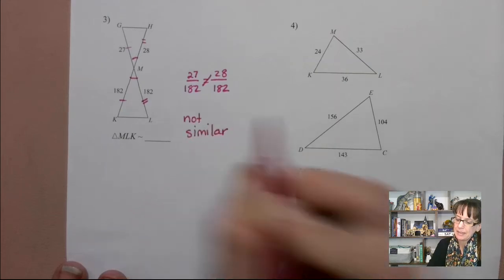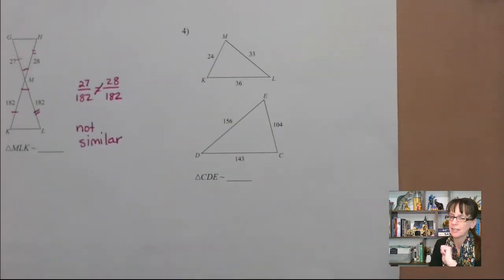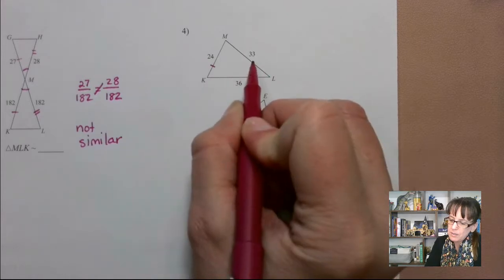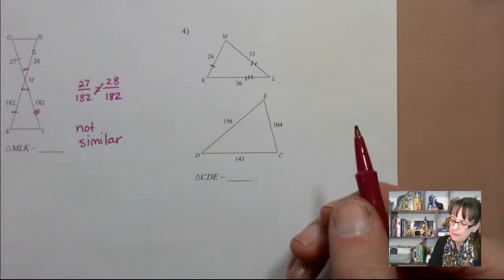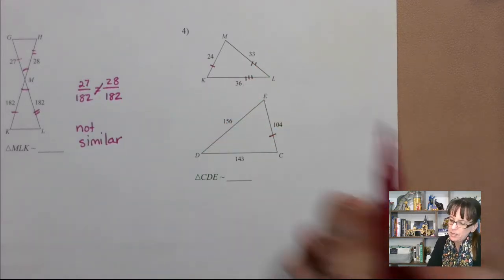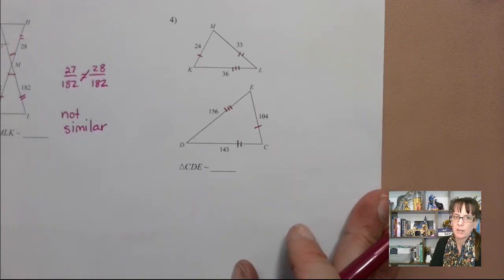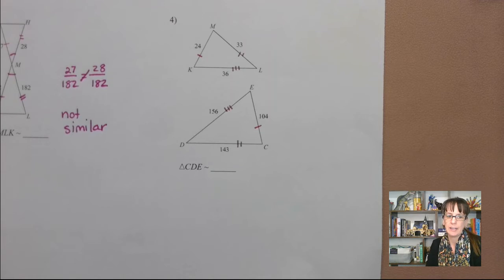Okay, and then in my last one here, I have all 3 sides. So in that case, we want to use side, side, side. So if I do small, medium, large, and then I'm going to do my small, medium, and then my large. Okay, so that will help me accurately compare the right things together.